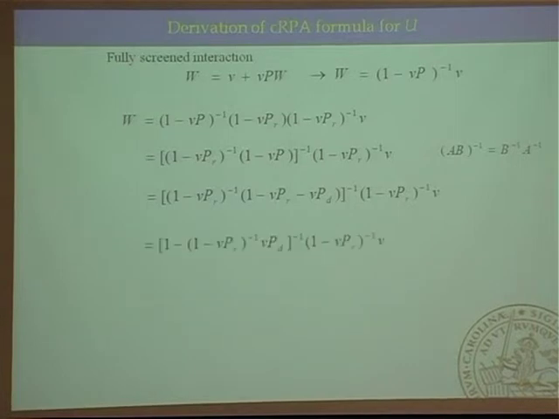And now I can multiply this and that one, so that gives me 1. And then I have this one times that one, so that gives me this thing here. And this thing remains as it is. So it's just straightforward manipulations of matrices.